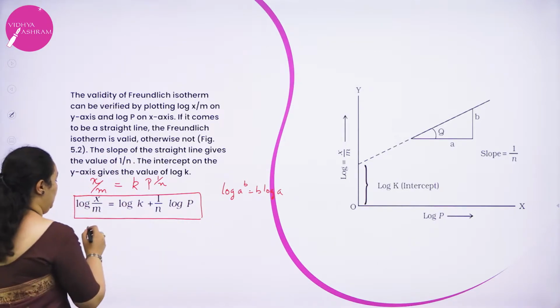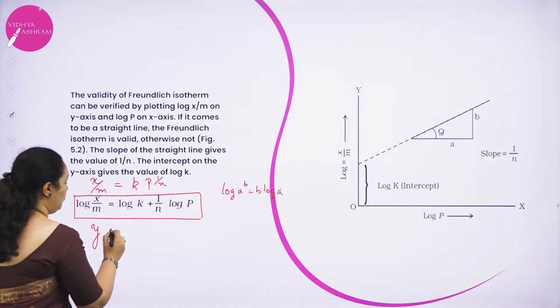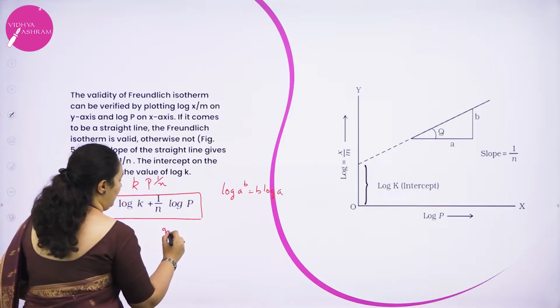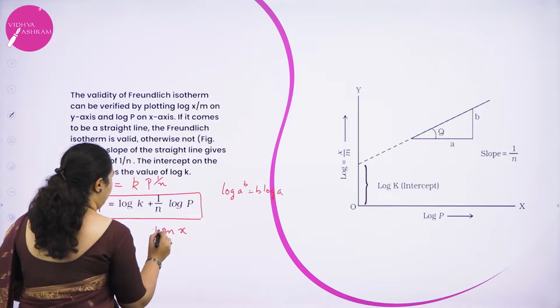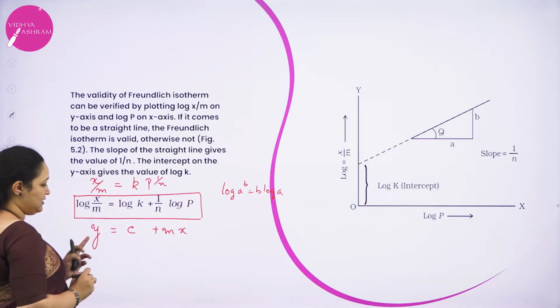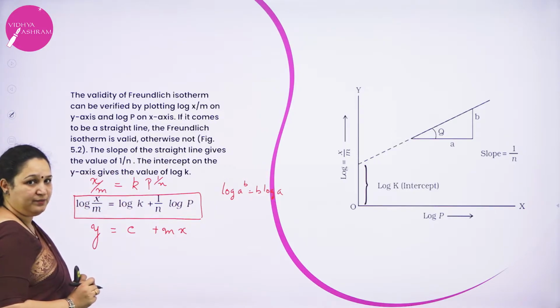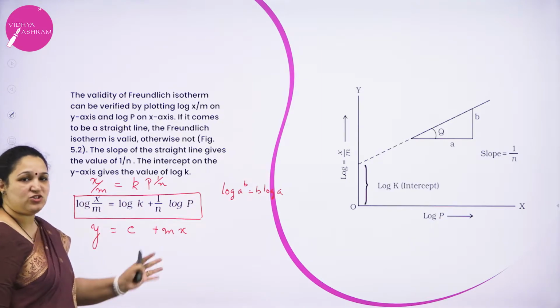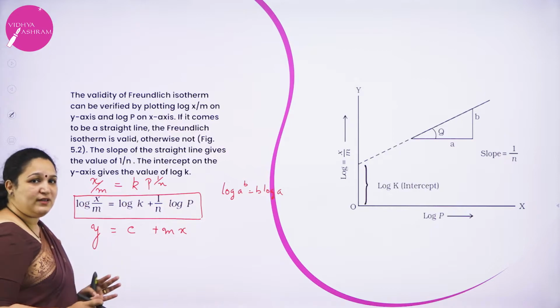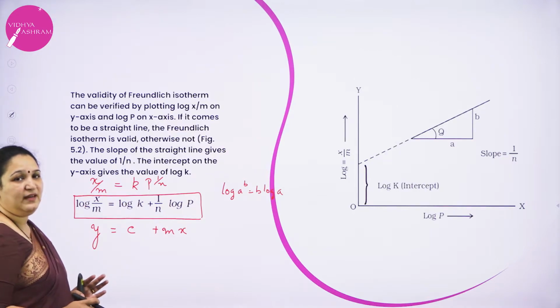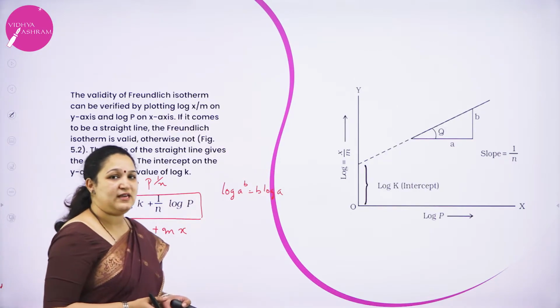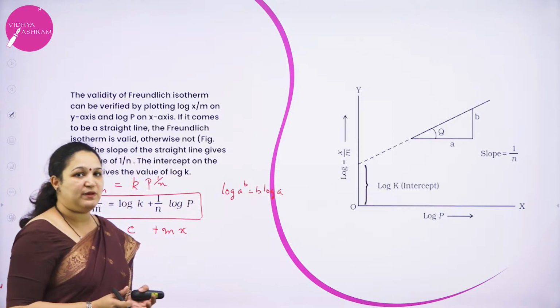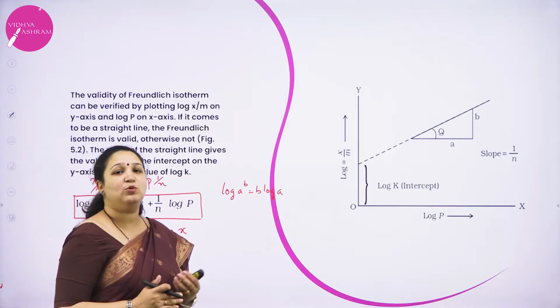Now if I compare it with y equals mx plus c, it is a straight line equation, correct? And if I plot a graph, I have to get a straight line. If I am not getting a straight line, then the Freundlich isotherm expression for that particular experiment is not valid. That's how you validate it.